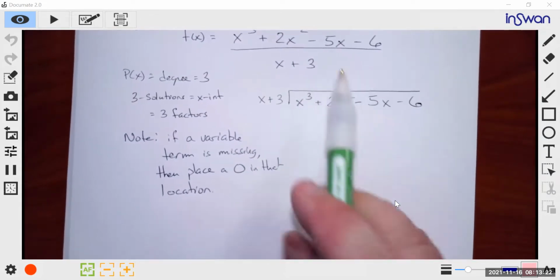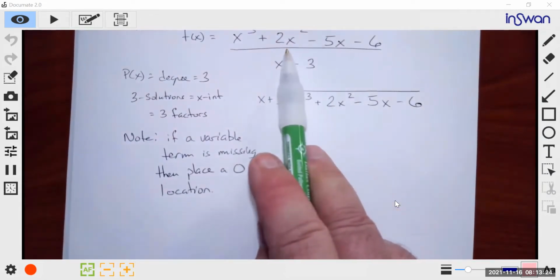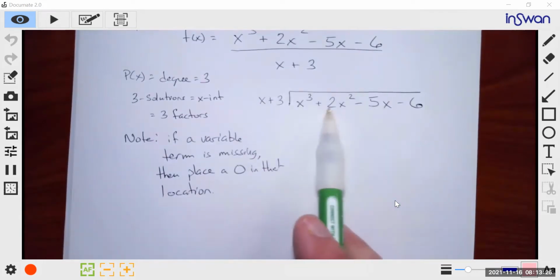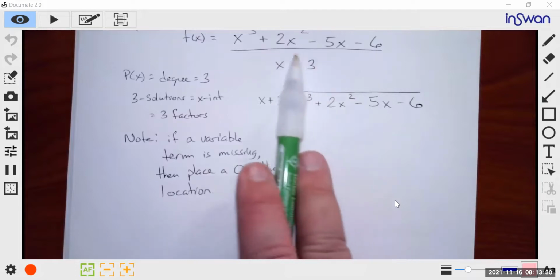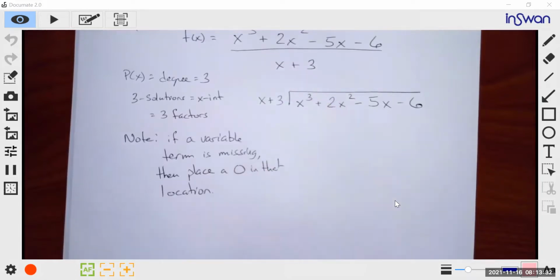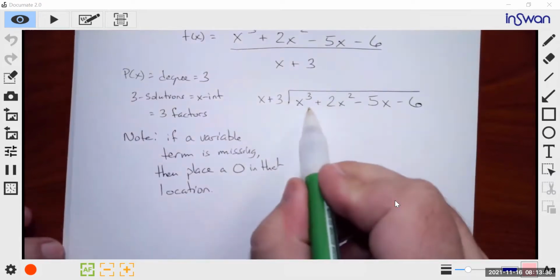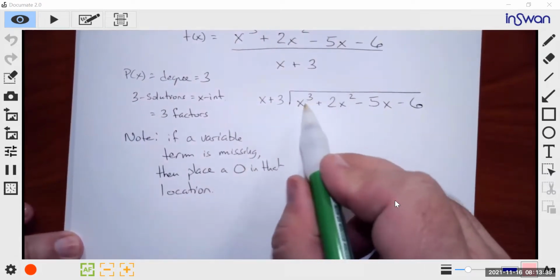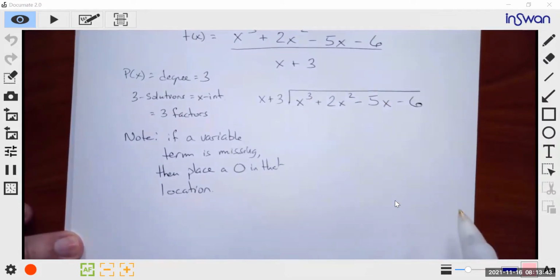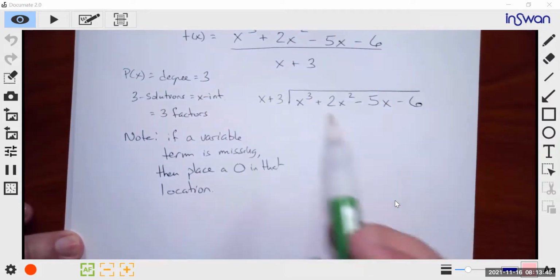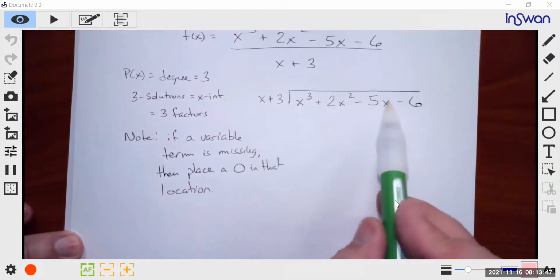In other words, if we didn't have an x squared in this equation, I'd put a 0 x squared, because I have to have all the columns allocated. You notice also, make sure that your powers are in decreasing order. Always do that first. Make sure the equation goes from the highest exponent down to the constant.